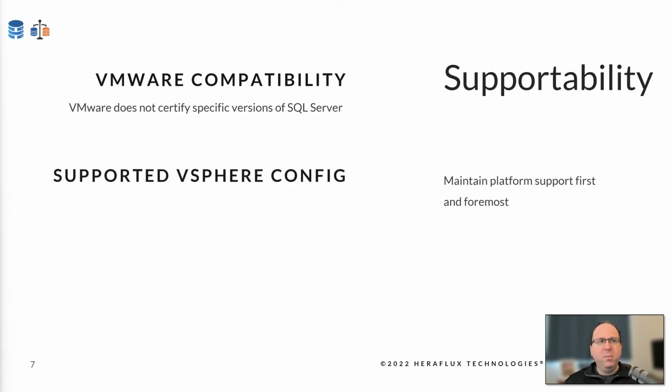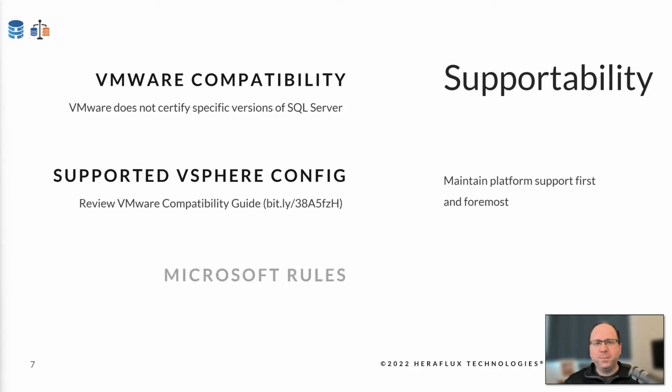You also need to be on a supported VMware configuration. So please take the time, review the compatibility guide. We do have some organizations out there that try to make some old equipment last a long time, and you end up with CPU scheduling, compatibility issues. You end up with just a number of challenges out there.